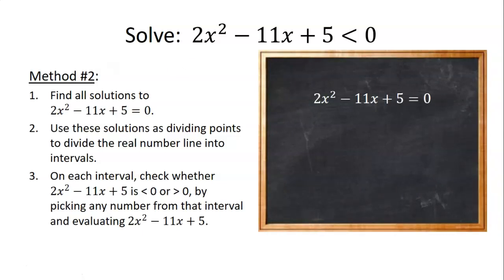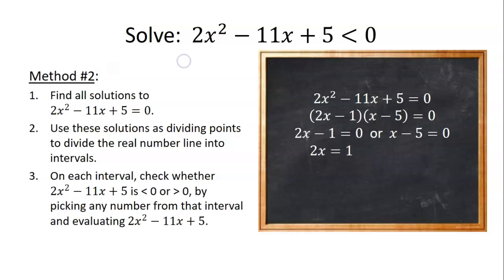I think we can solve that by factoring. That factors into 2x minus 1 times x minus 5 equals 0. So either 2x minus 1 equals 0 or x minus 5 equals 0. So in the one case, 2x would equal 1, so x would equal 1/2. In the other case, x would equal 5.